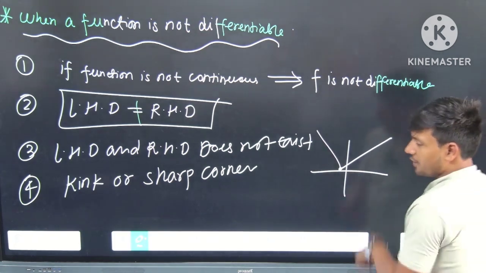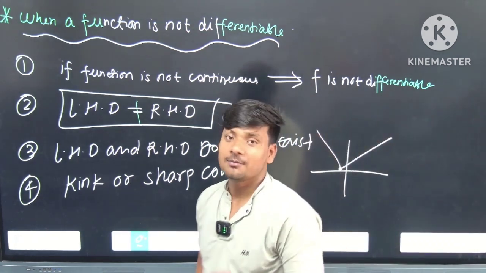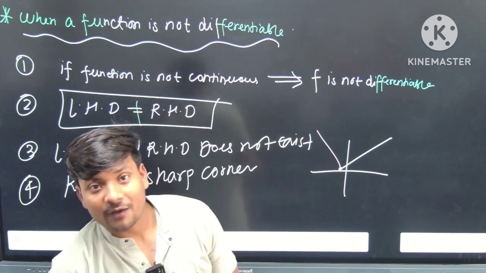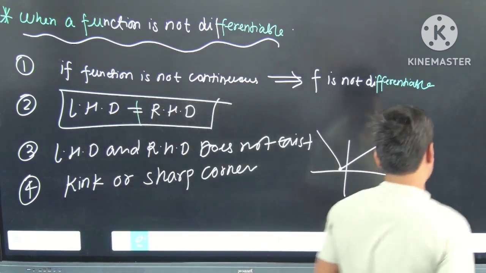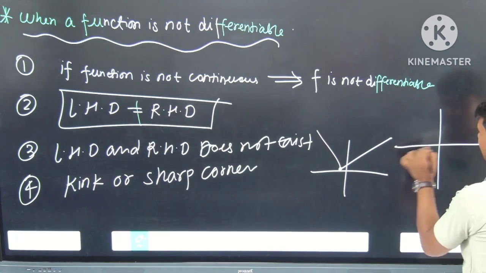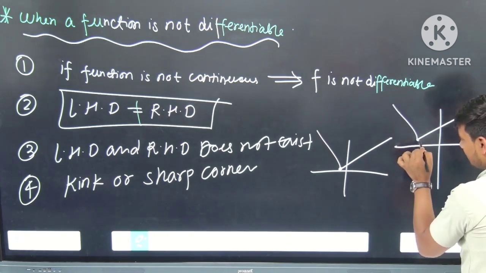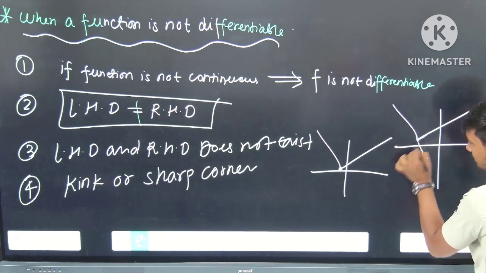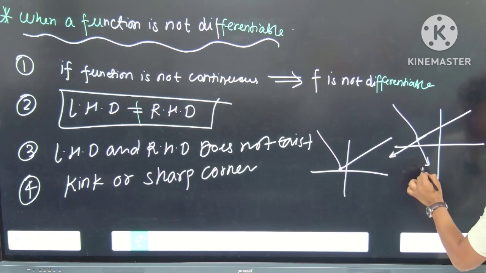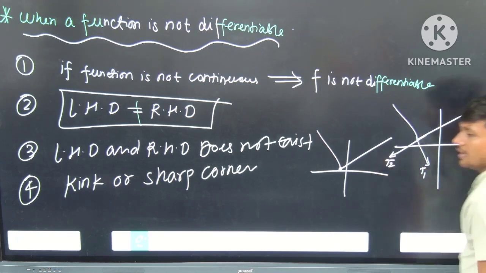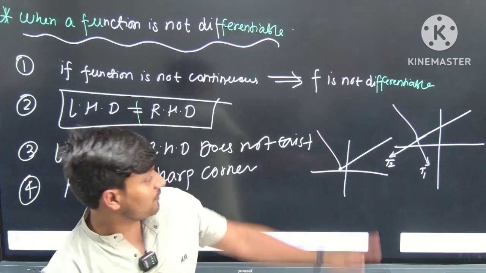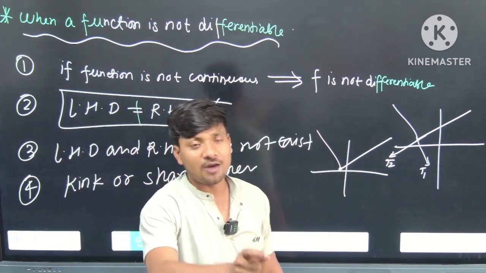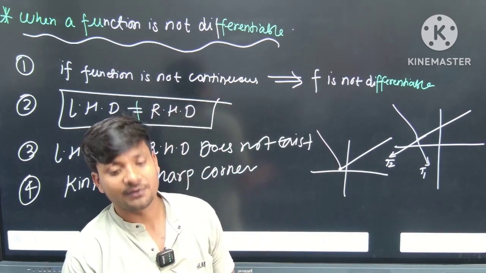So at that point the function will not be differentiable, but we want to find the reason why. That is very simple. If you have a sharp corner, then at that point there are two tangents, tangent 1 and tangent 2, and two tangents means two slopes, so there will not be a unique tangent. That is why at sharp corners the function will not be differentiable.